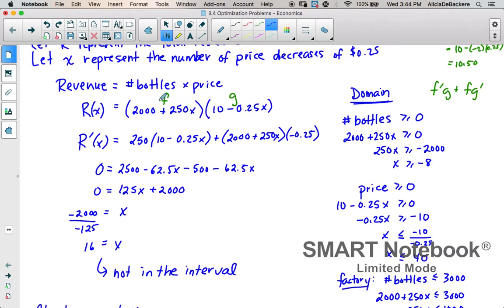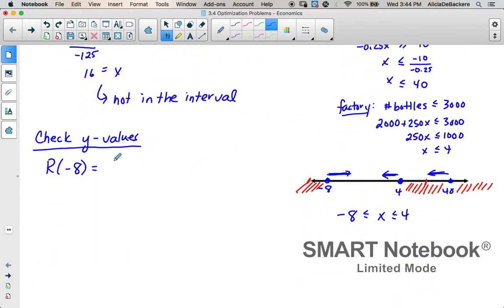So it's going to make this first bracket equal 0. And then I'll just have the second bracket left. And so the revenue will be 0. And then checking out that factory limit. So this one's coming from the fact that I can't make more than 3,000 bottles. And again, I'll plug that in.